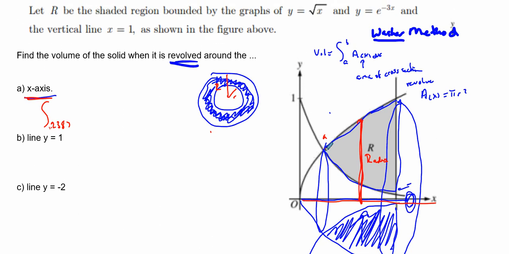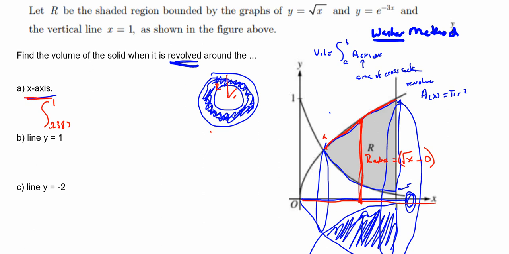So we have the square root of x, which is located right here, and that is going to be our farthest point. And so we're going to go from here to 1. Our big R, our big radius, goes from here, which is the square root of x, to this point, from which we subtract 0. So that's our big R.